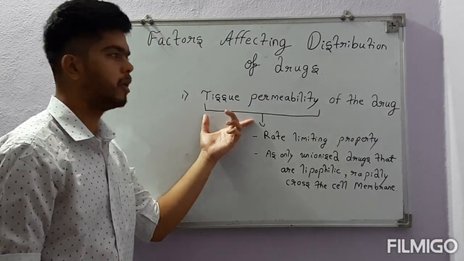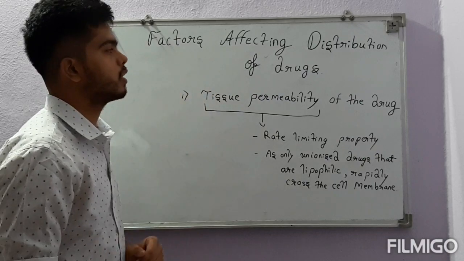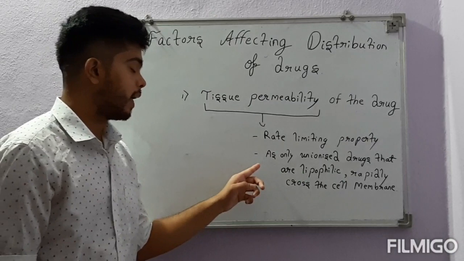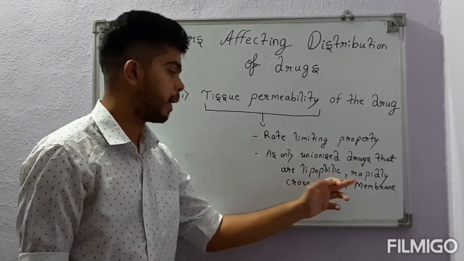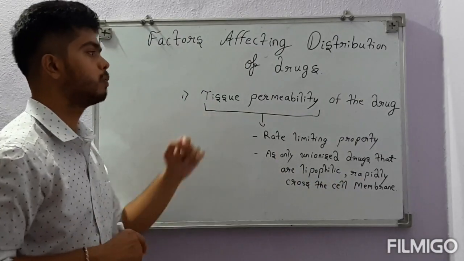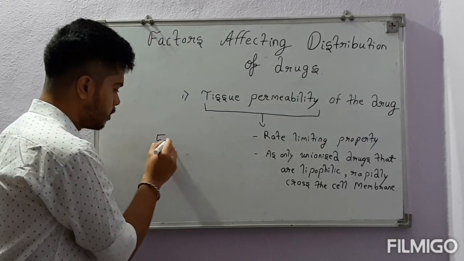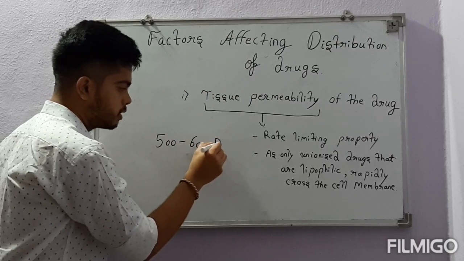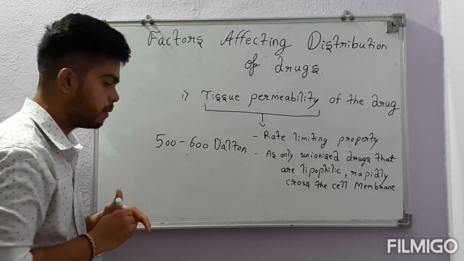Tissue permeability of a drug is a very important prime factor of drug distribution because it's a rate limiting property. As we know, only unionized drugs that are lipophilic rapidly cross the cell membrane. The most important thing in tissue permeability is that many drug moieties of 500 to 600 Dalton are able to easily cross the capillary pores.